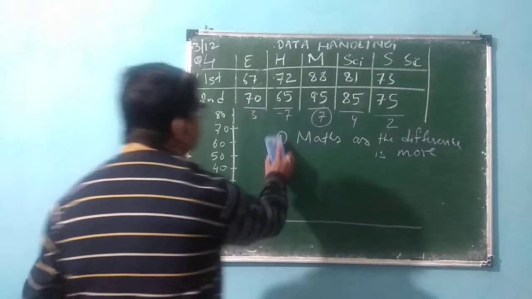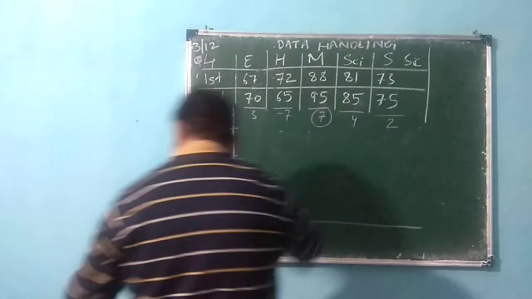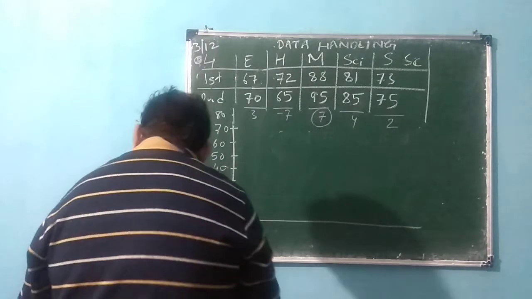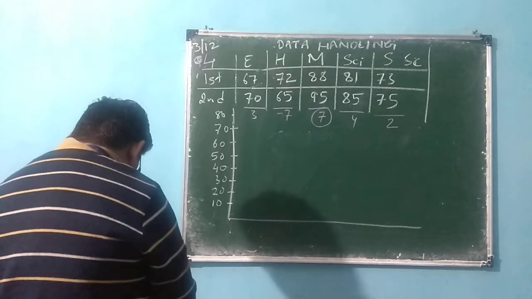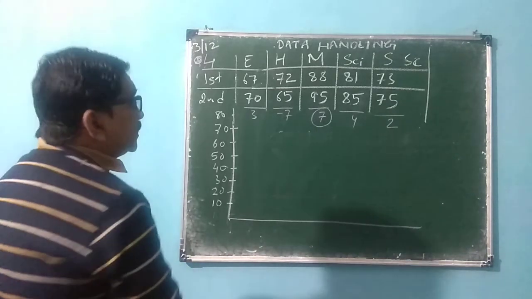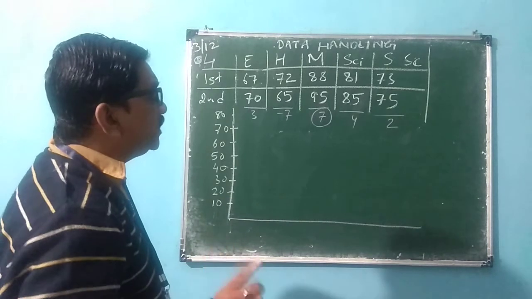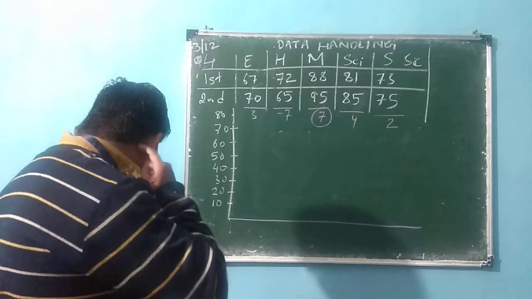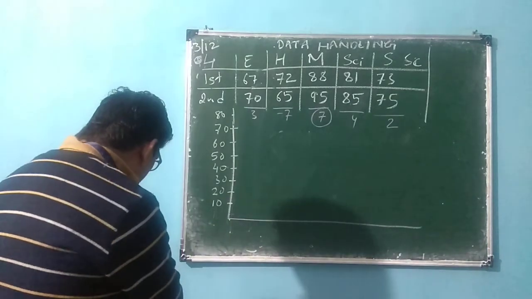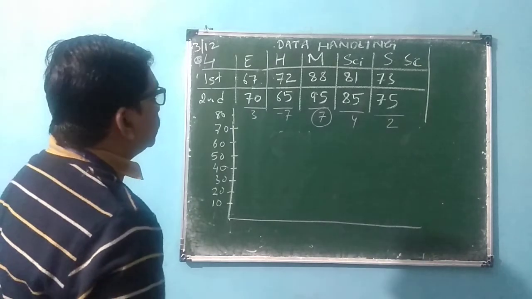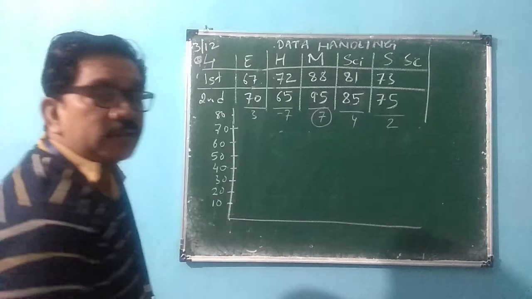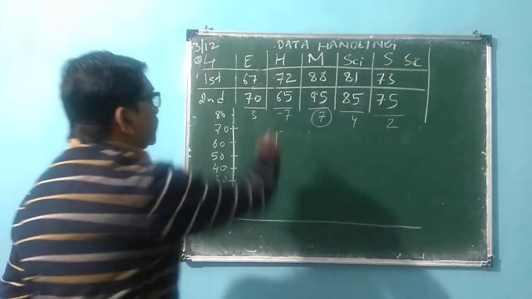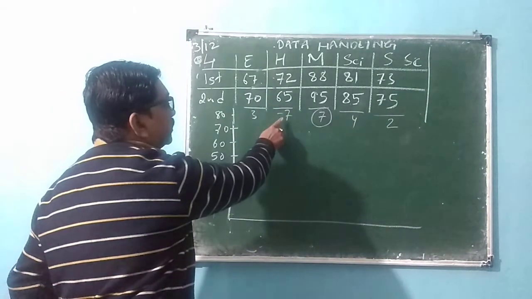Now the third one: has the performance gone down in any subject? The answer is yes. The performance in Hindi has gone down. Clear? The performance in Hindi has gone down because, see, it is coming negative.